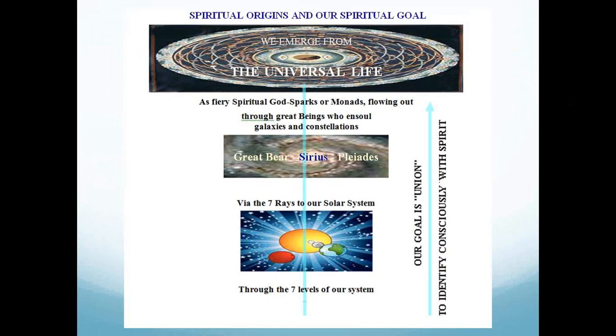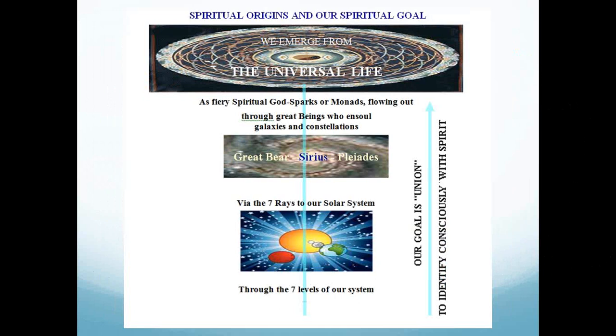Now, I don't know how new some of you are to some of this terminology, but a plane is a level of vibration. So for example, the physical plane would include all our physical and etheric vehicles or forms or bodies. The emotional plane, also called the astral plane, would be the next plane up, vibrates at a higher frequency than the physical etheric, but it's still a plane.